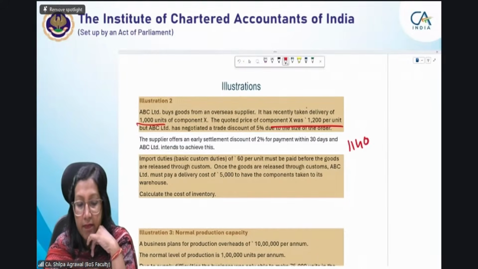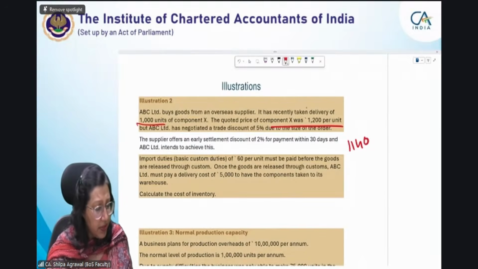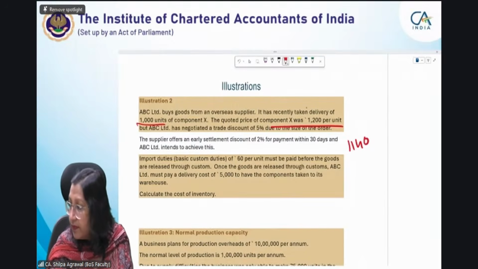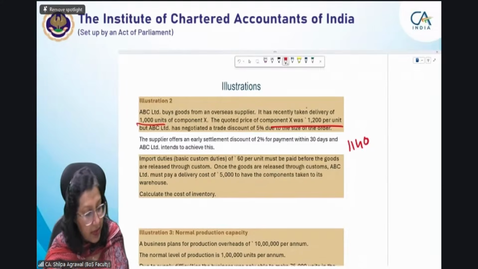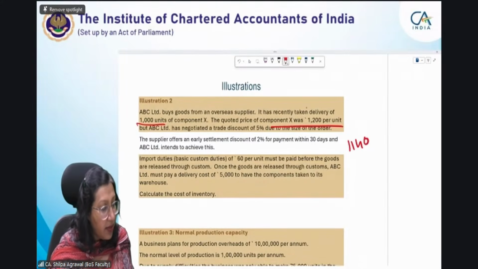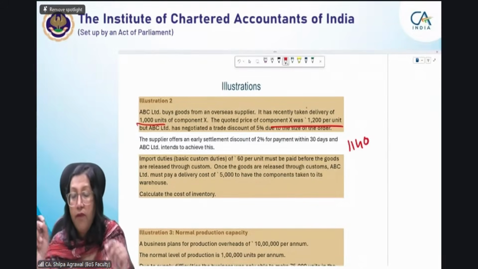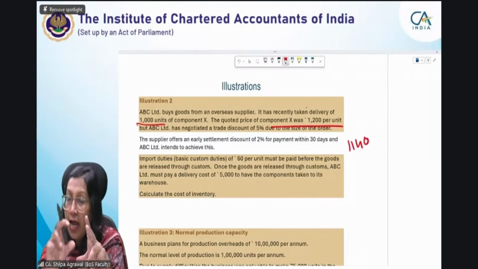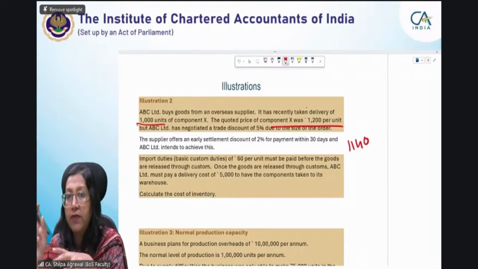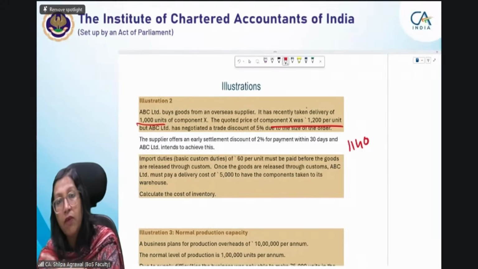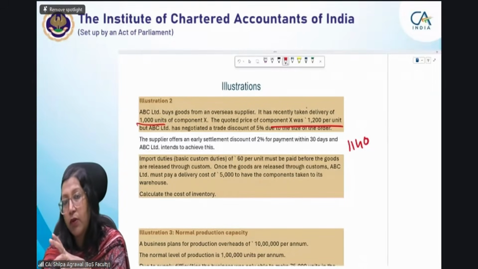Is it? So students, am I right? Yes, less percent. What I told you earlier also, it is not that we'll be showing the value of trade discount. After trade discount, whatever value comes, we start our calculation from that particular point.